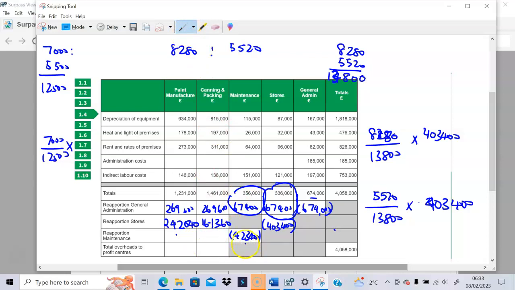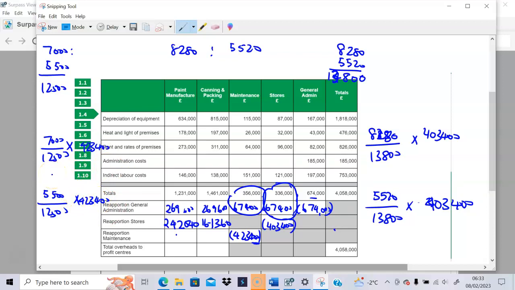Now split this figure based on these two ratios. So multiply each of these by 423,400.